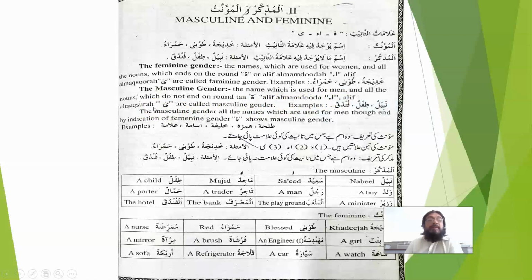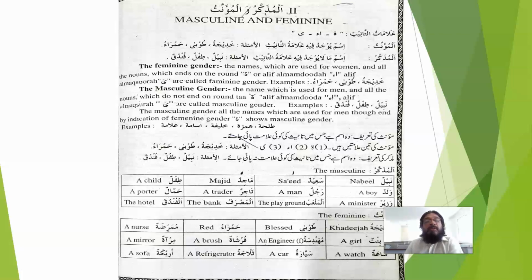If the three signs are not at the end, that word will be considered as a masculine gender. Examples: Nabilun, Tiflun, Fundukun.